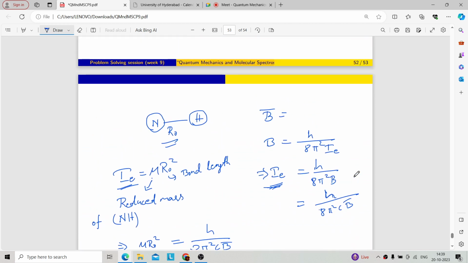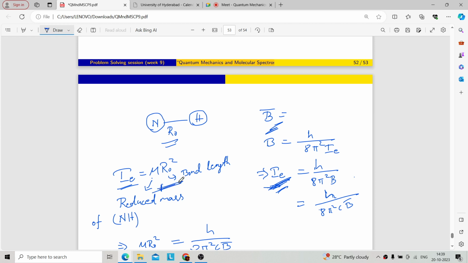So V bar was given. From that we can calculate the moment of inertia, right? Then we also know the other form of moment of inertia as this mu R naught square.